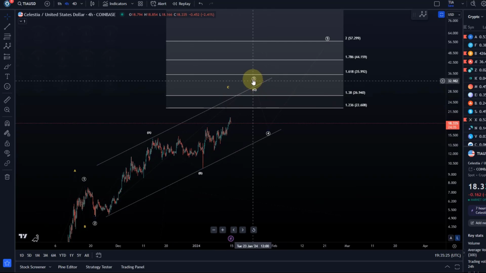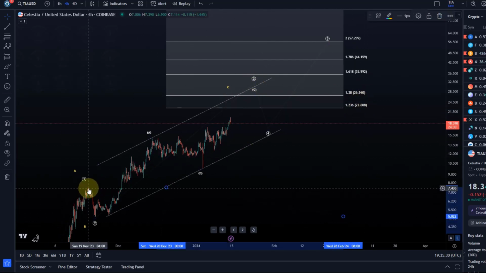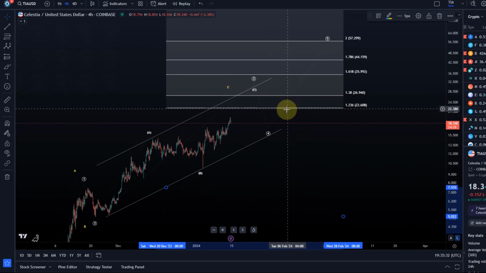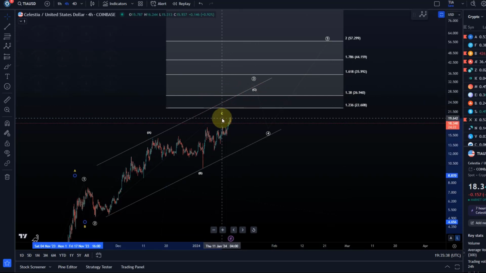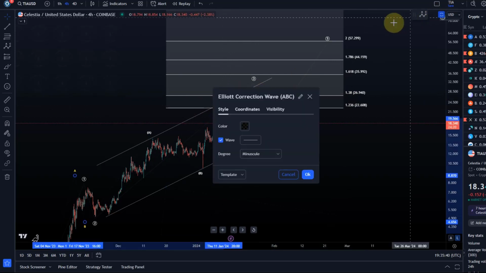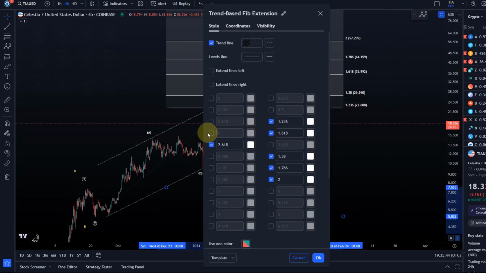If this is the 3rd wave, then we can use the Fibonacci extensions to measure potential target levels. The first minimum expectation that we would have for a C wave is the 100% extension level. And I think we've broken above that level. Let me just bring that onto the chart. That level was $16.96.